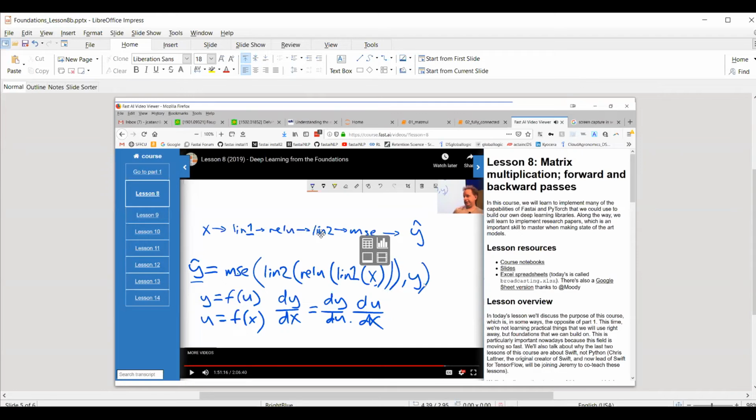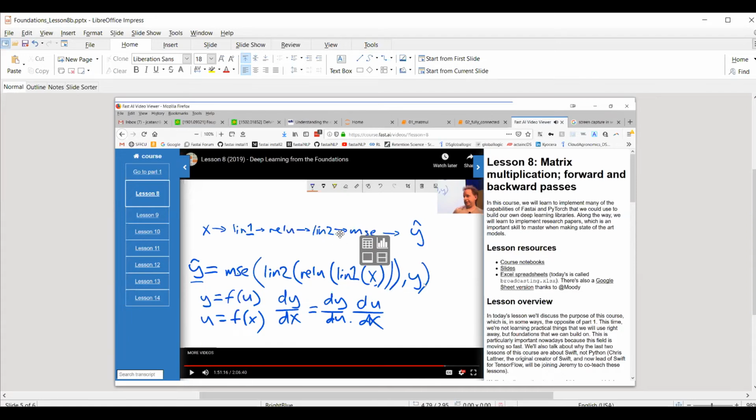Again, it's W2 times the output of the ReLU plus B2, the second bias vector. So there's a second weights matrix W2 that multiplies the output of the ReLU and maps it into a single number.